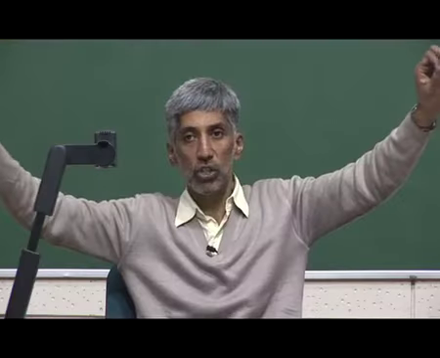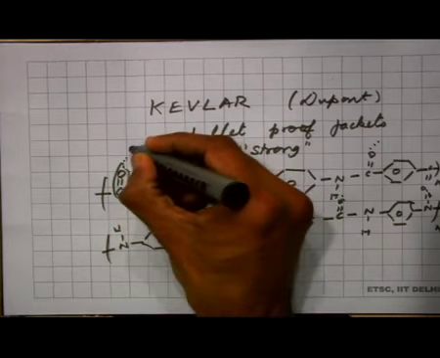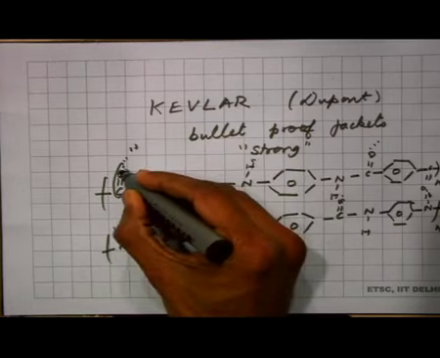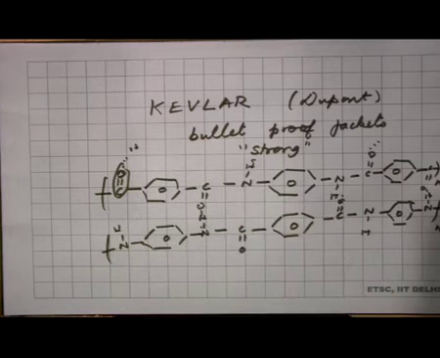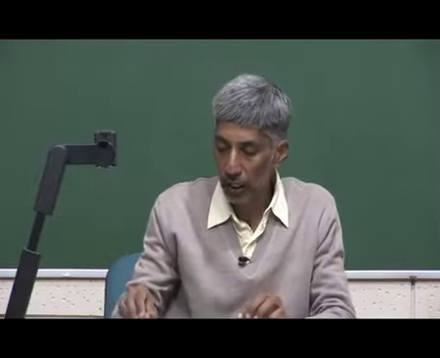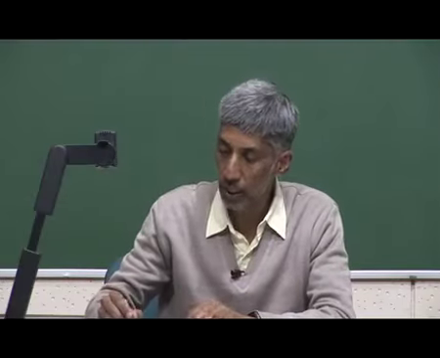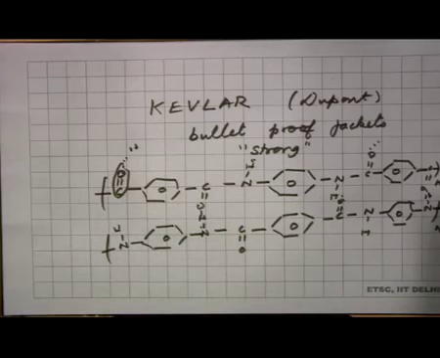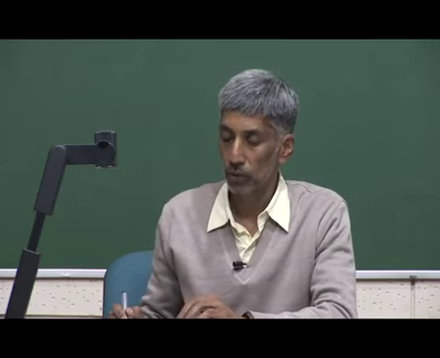So, you have all these chains with the carbonyl group. So, this will then hydrogen bond with another hydrogen, because now you have an electronegative atom, a hydrogen here which is attached to a nitrogen here, which is electronegative. You have a series of hydrogen bonds. So, you make this sheet where each element of the sheet is this long fiber. So, it is hydrogen bonded in such a way, and it provides it a lot of strength. So, this is an example where the hydrogen bond is used to create a material whose property is very useful.